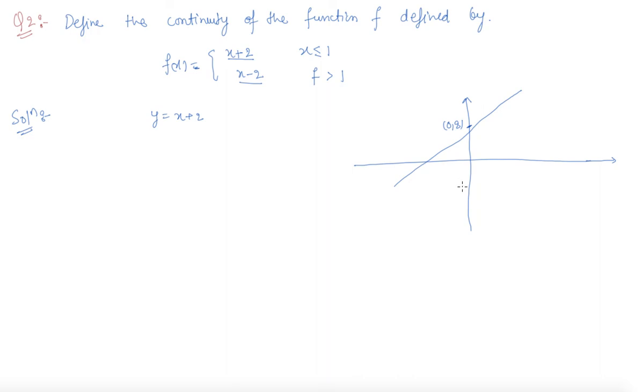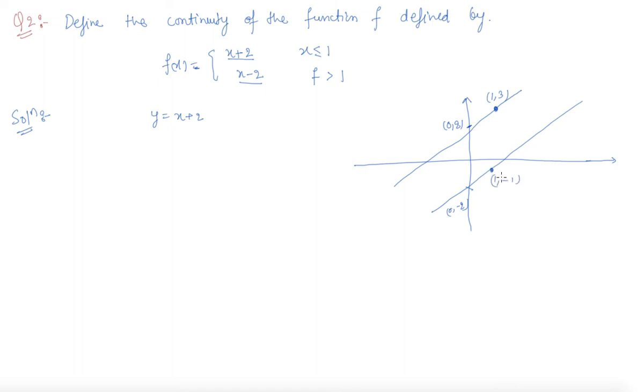And y equals x minus 2 is parallel to this line and goes through (0, minus 2). These are the two lines, and we need to check the limit at x equal to 1.